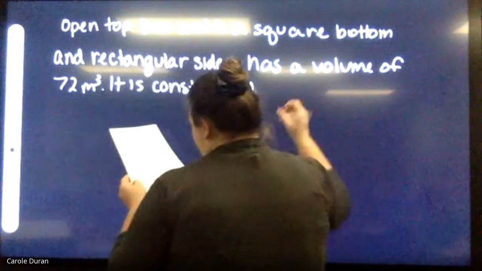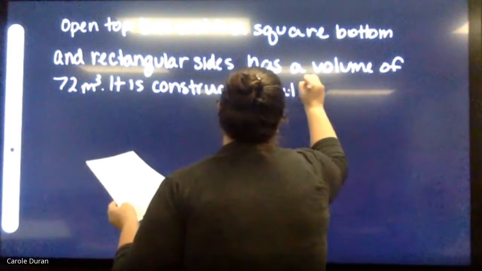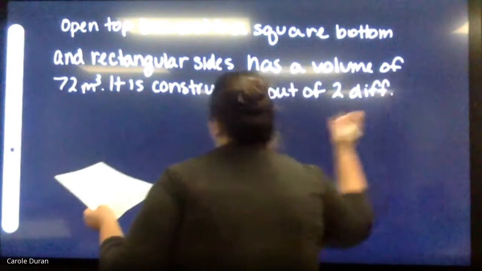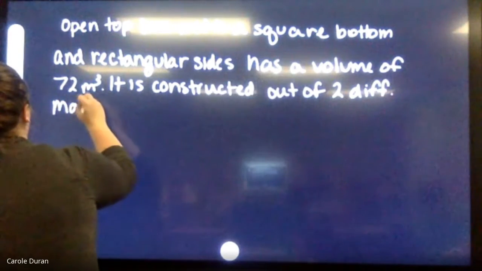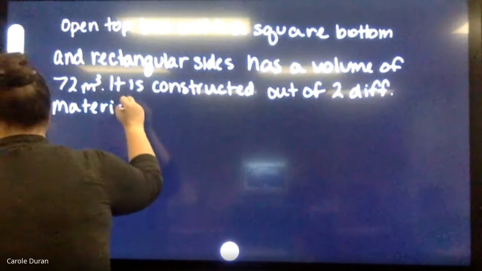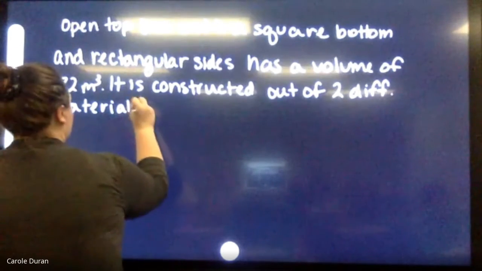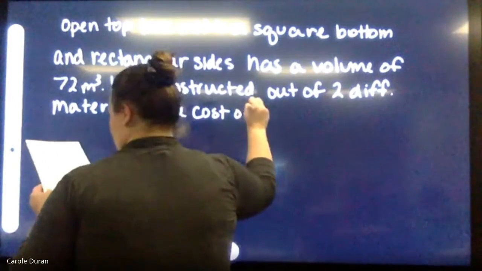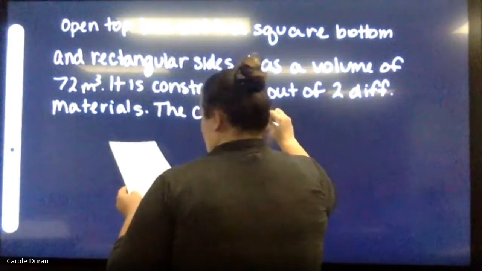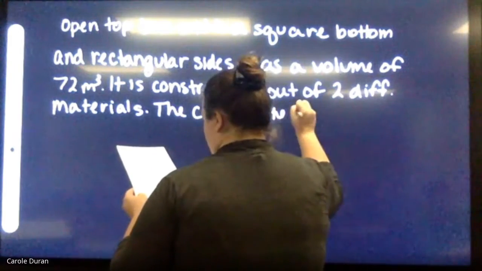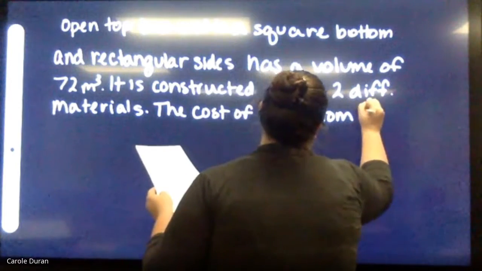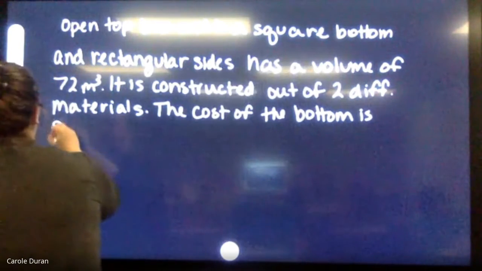It is constructed out of two different materials. The cost of the bottom is $40 per meter squared.